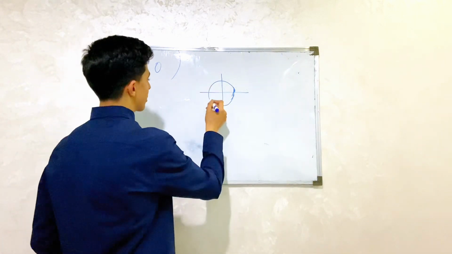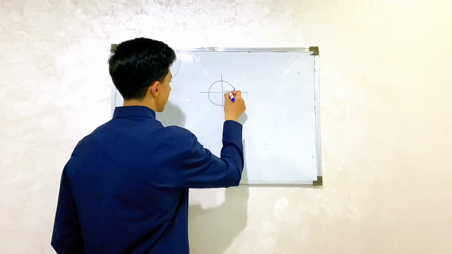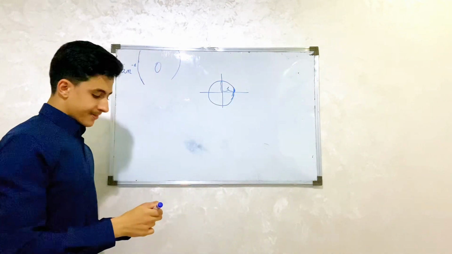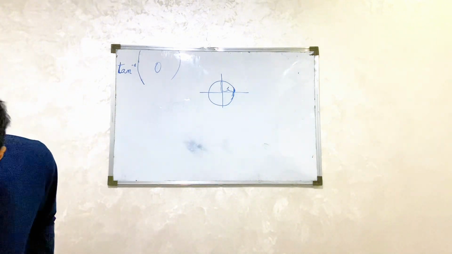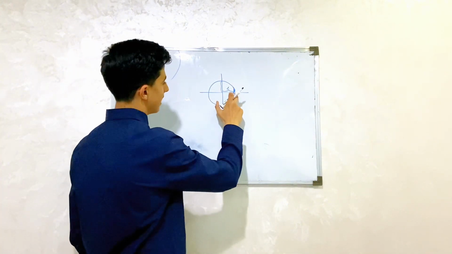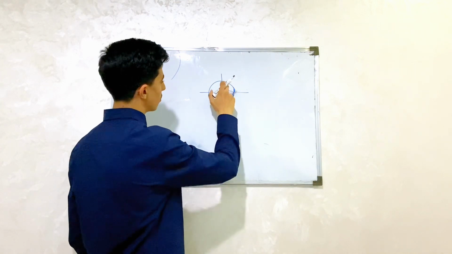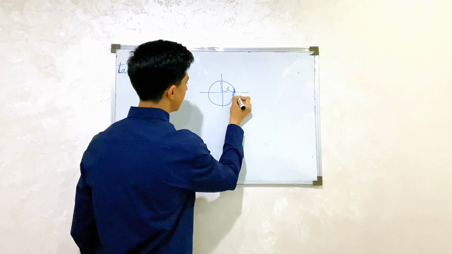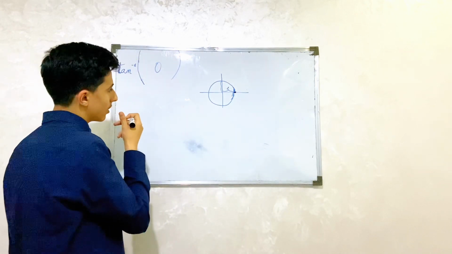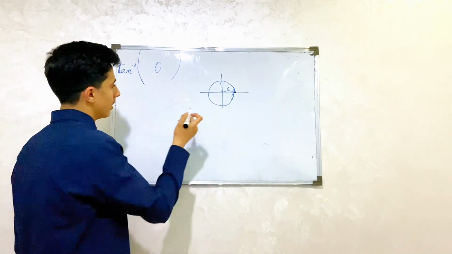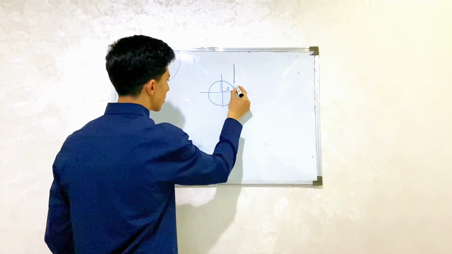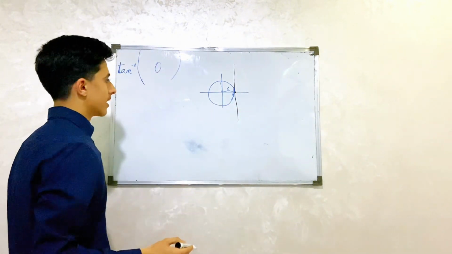Knowing that this is the unit circle, meaning that this distance is equal to 1, same for this one. First, let's draw the tangent to the circle at the point where x is equal to 1 and y equal to 0. So yeah, the tangent to the circle at this point right here.